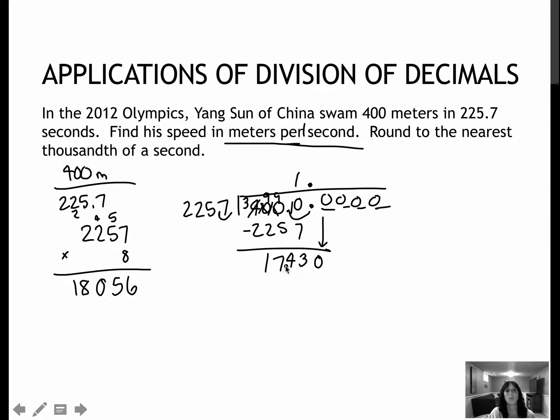And so I'm going to multiply it by 7. So the 7 is going to be the value up here. But I don't know what that number is. And so instead of multiplying it by 7, which I could certainly do, I'm just going to go ahead and subtract 2,257 from this, because that would be the same thing, right?